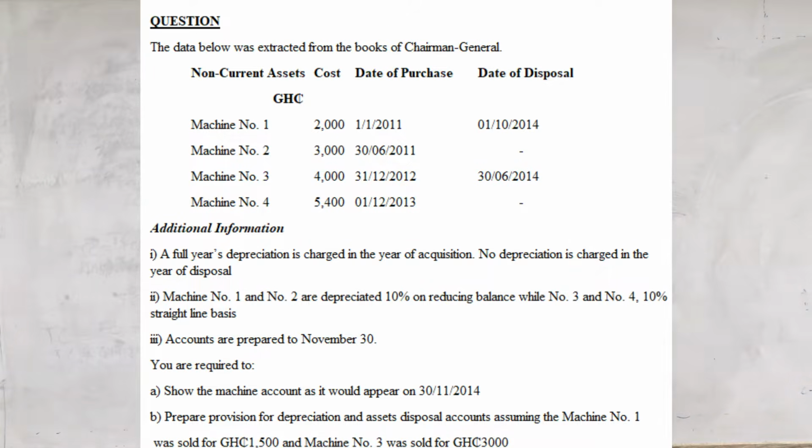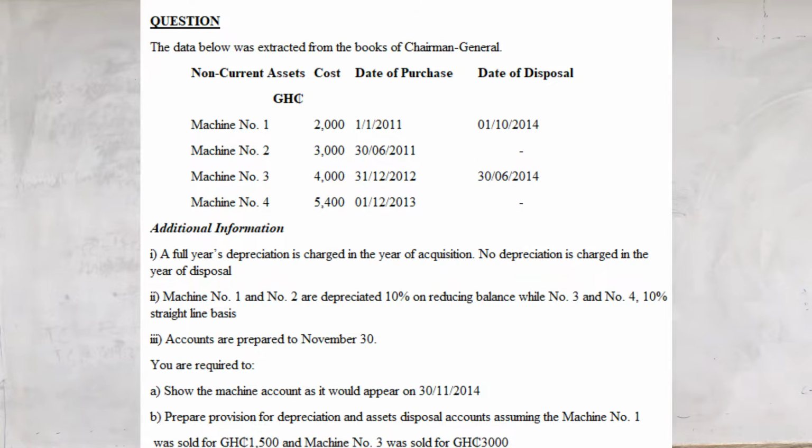All right, so we have the additional information. A full year's depreciation is charged in the year of acquisition, and no depreciation is charged in the year of disposal. Then, second one, machine number 1 and number 2 are depreciated 10% on reducing balance, while number 3 and number 4, 10% on the straight line basis. The final one says that accounts are prepared to 30th November each year.